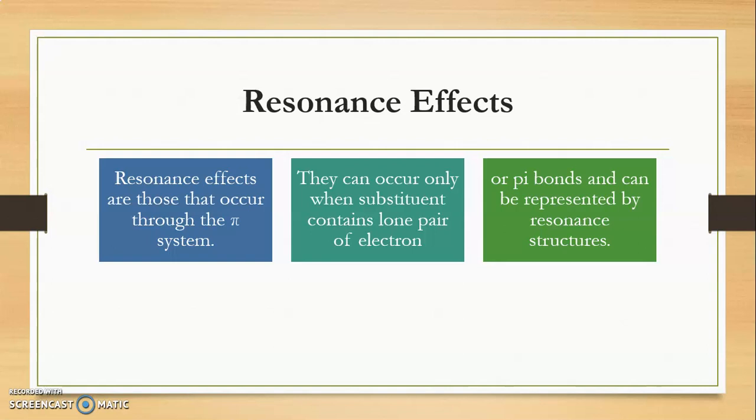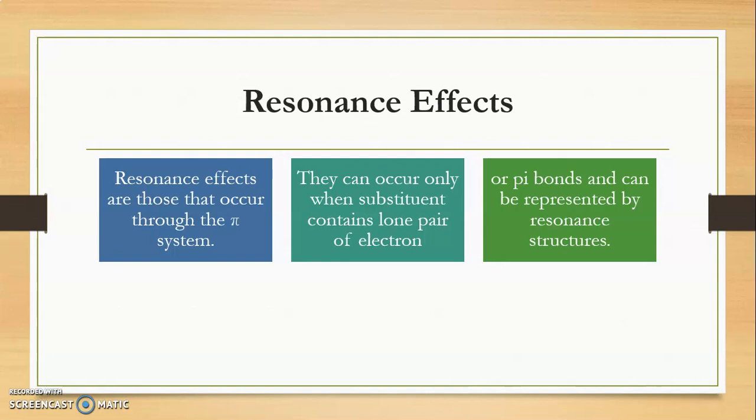Means a group which is having only the sigma bond, they does not show resonance effect. For example, alkyl groups. Alkyl group does not have any lone pair of electron as well as they does not have any pi bond, due to which alkyl group does not show resonance effect. Means alkyl group only shows the inductive effect.